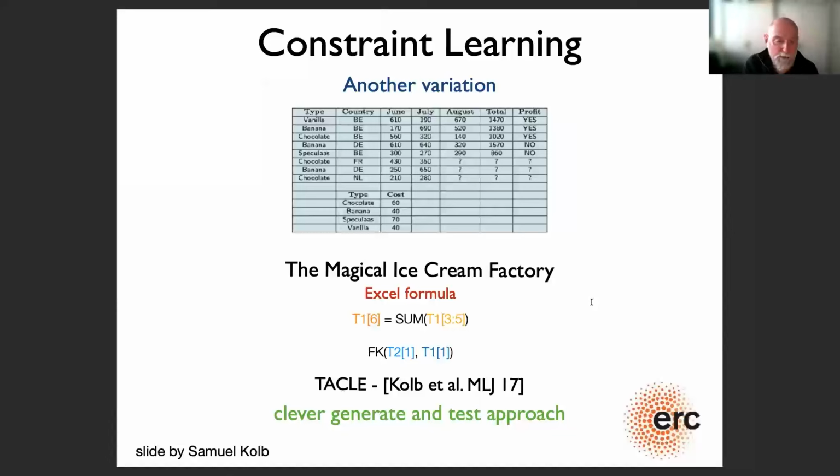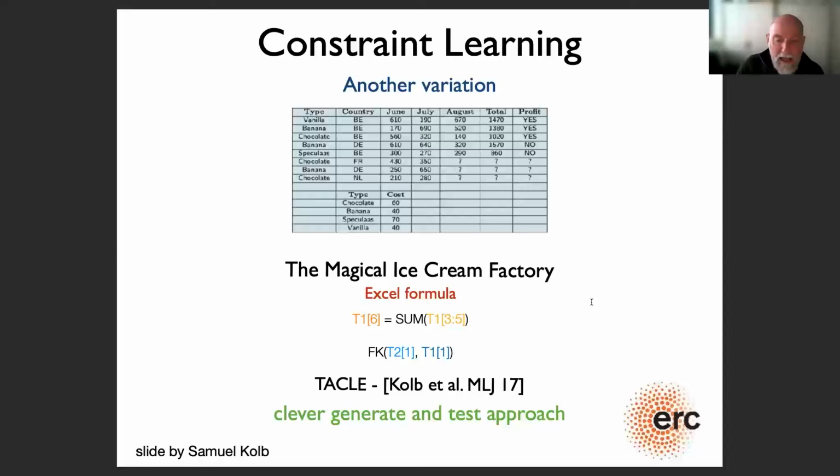A lot of people working with Excel sheets need such formulas, but have no clue about how to write them. And we found it surprisingly easy to build a system called Tackle that would automatically discover these macros, these constraints.